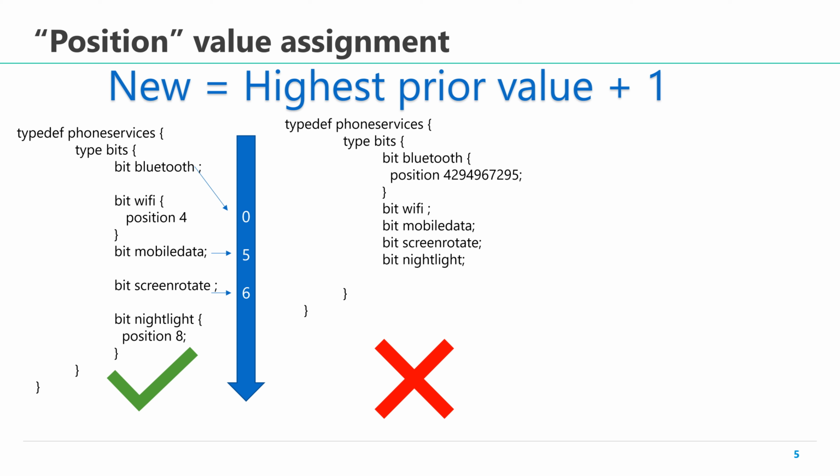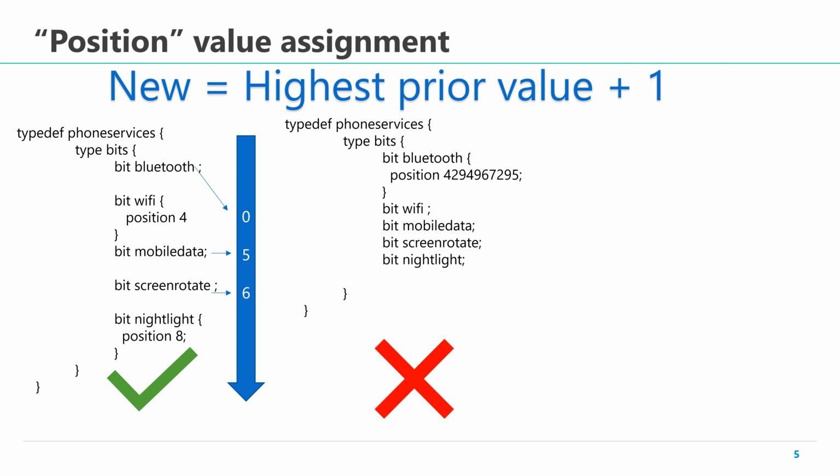Why is this so? As per the explanation that I just gave, the new value assigned is the highest prior value plus 1. Now, if a position has already been assigned the value 2 power 32 minus 1, then the subsequent values cannot go any higher.